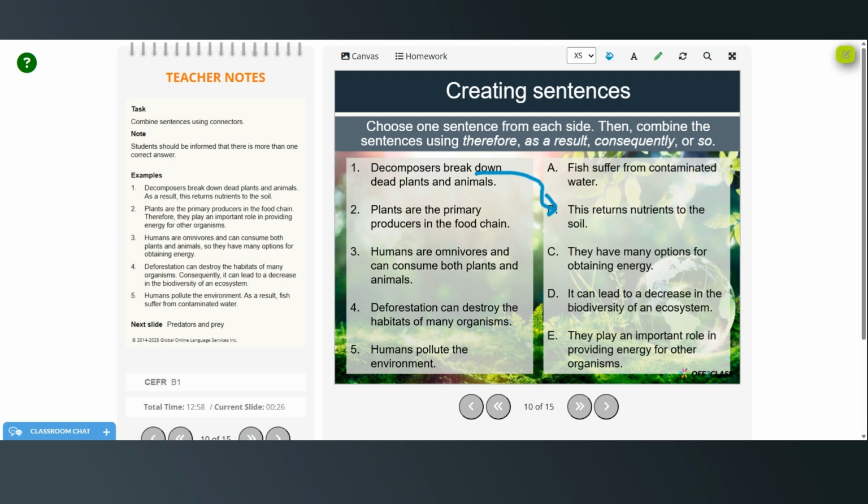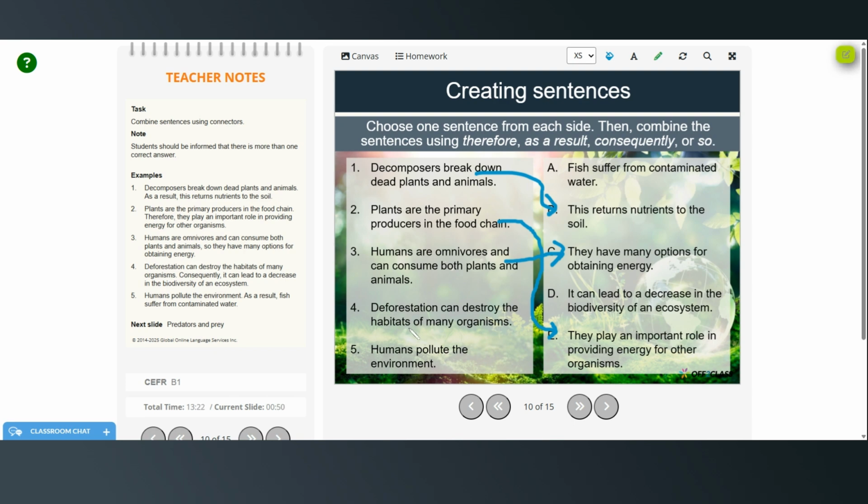Plants are the primary producers in the food chain. Therefore, they play an important role in providing energy for other organisms. Humans are omnivores and can consume both plants and animals, so they have many options for obtaining energy.